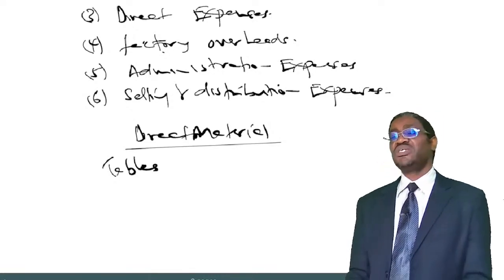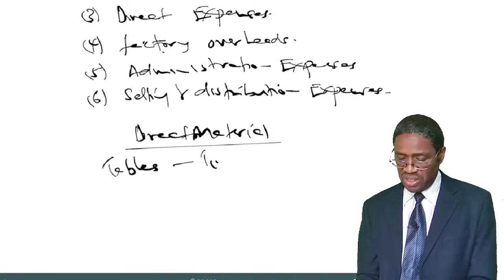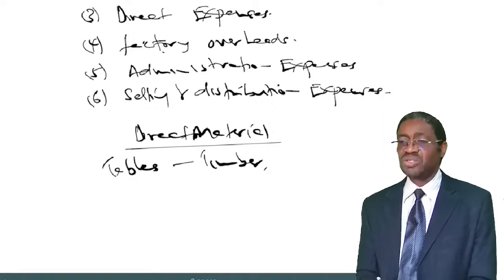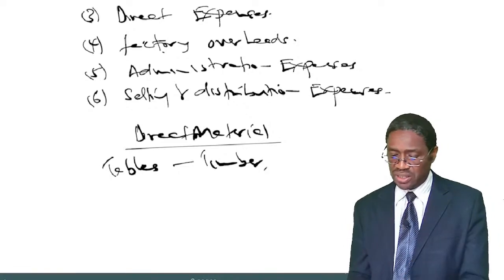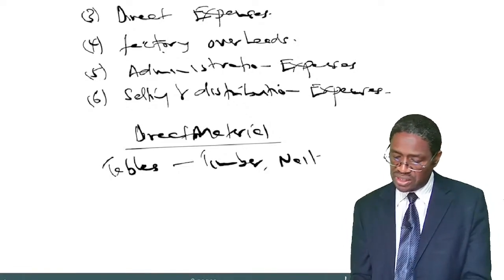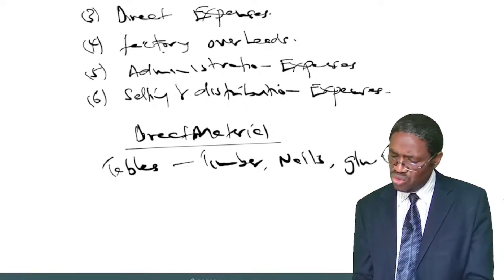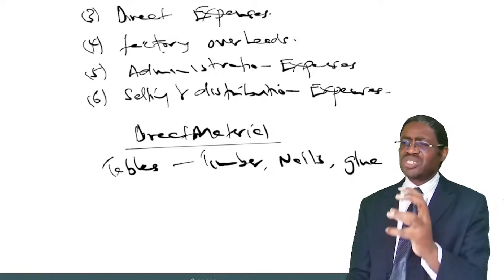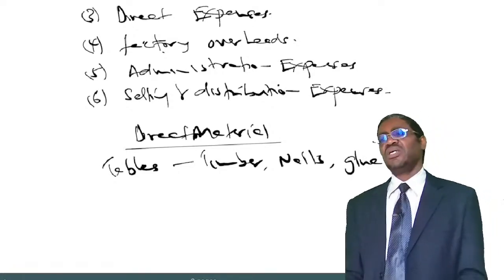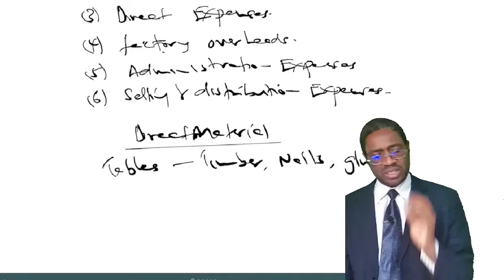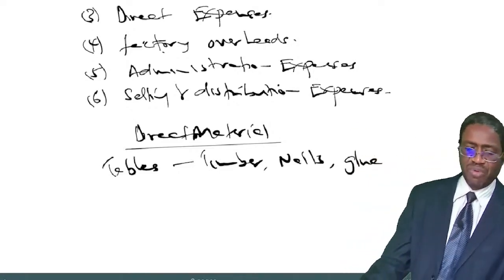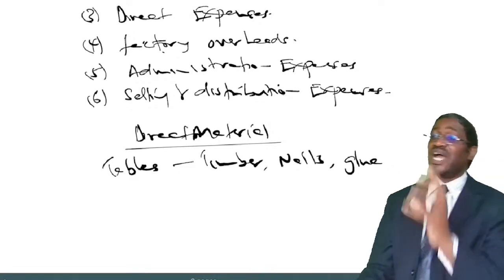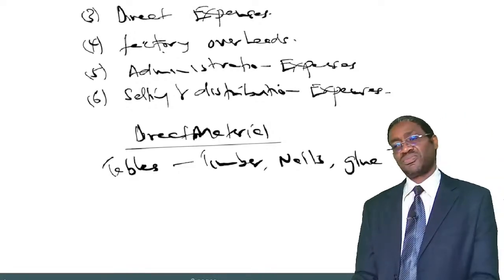Obviously, you need timber. That's one of them. You need timber. That's a material you can identify in the final product. You need nails. You need glue. These are materials that you can identify in the final product, and therefore we refer to them as direct materials.